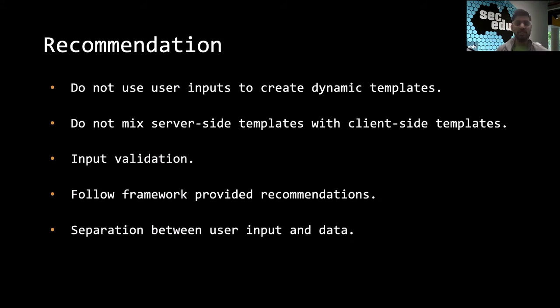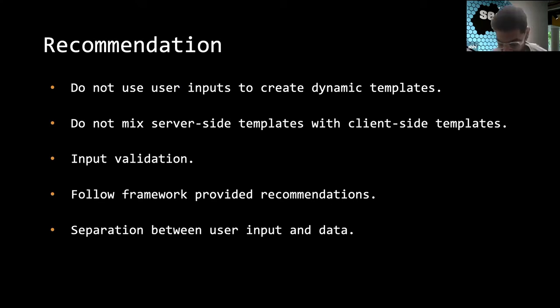So the recommendations: every time you see something like a client-side template injection, remember one of the simplest things we could do is input validation, but quite often we don't think about it. You need to think about how you are using user input and creating dynamic templates, and not mix server-side templates with client-side templates.